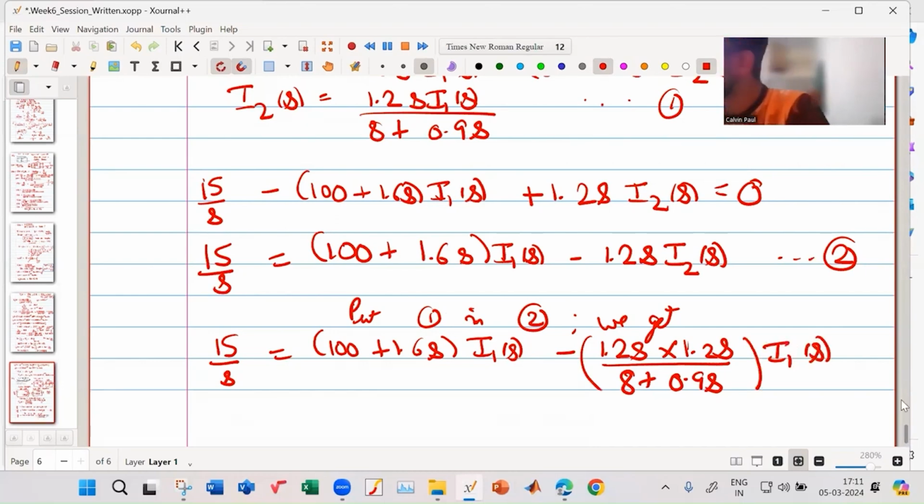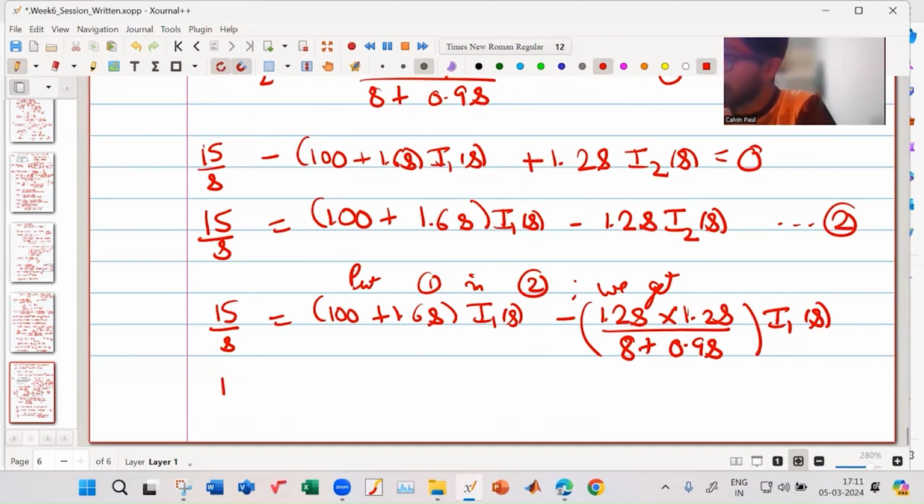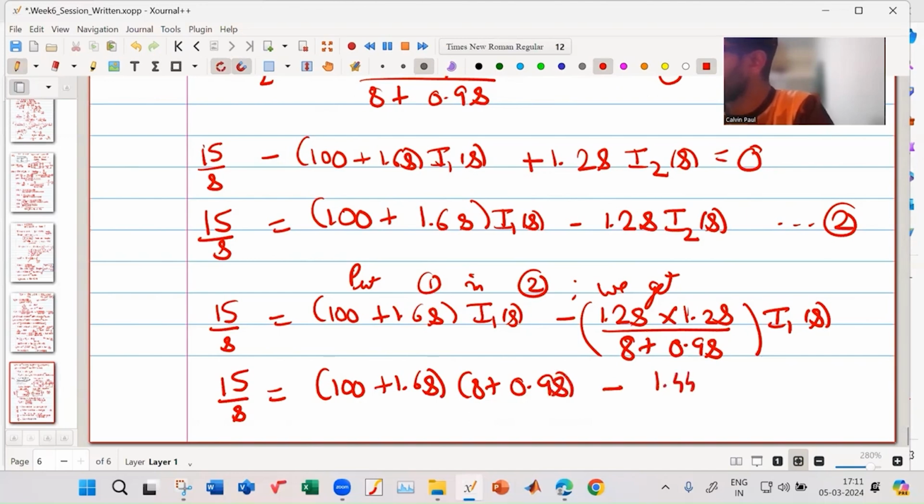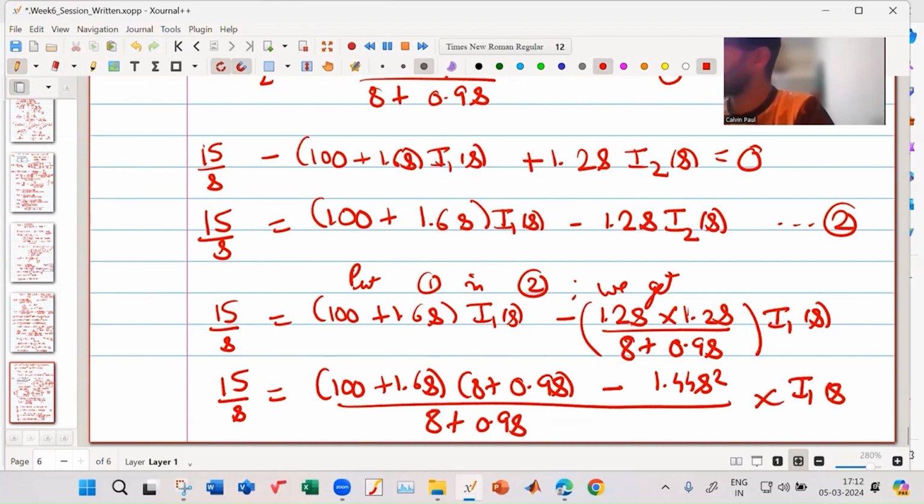So we write it further as 15 upon s is equal to 100 plus 1.6s into 8 plus 0.9s minus 1.44s squared upon 8 plus 0.9s into I1 of s. Is this clear?